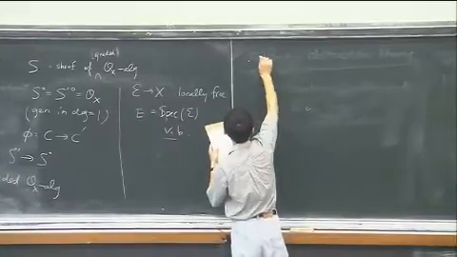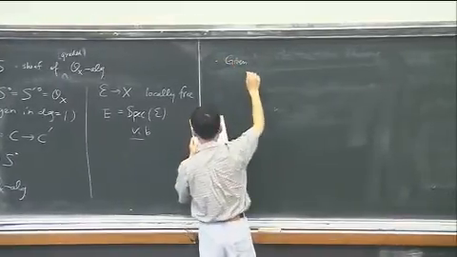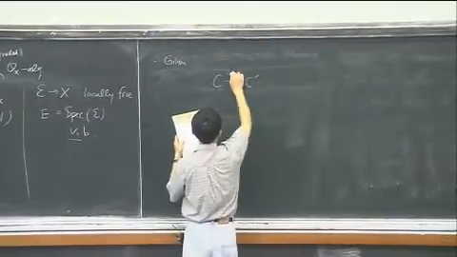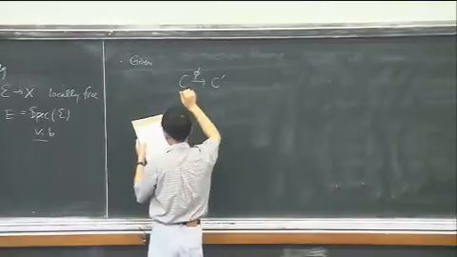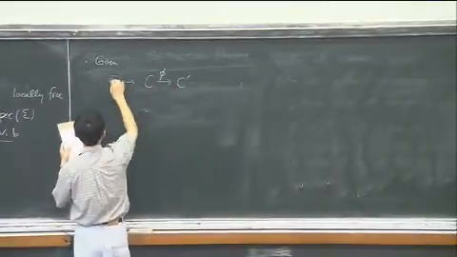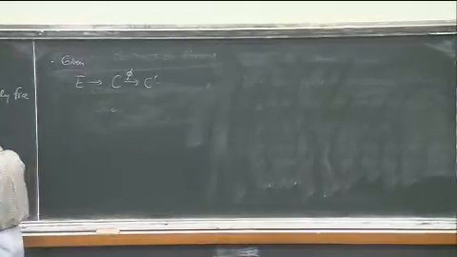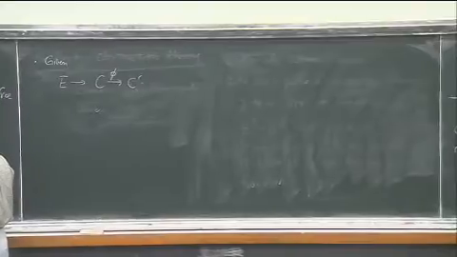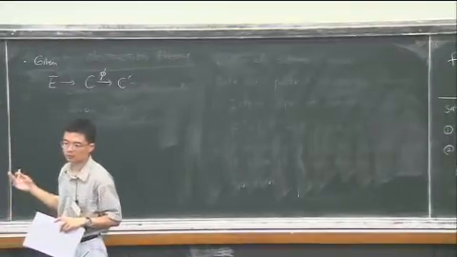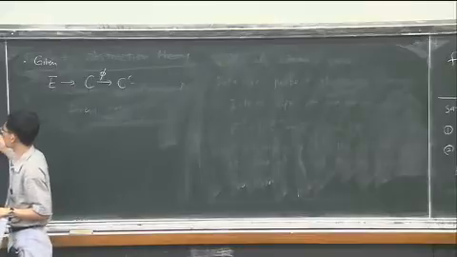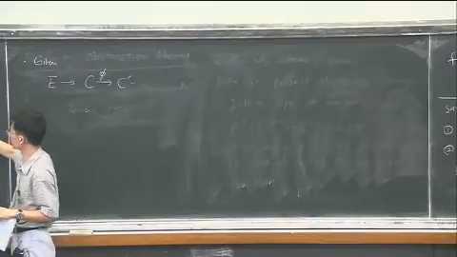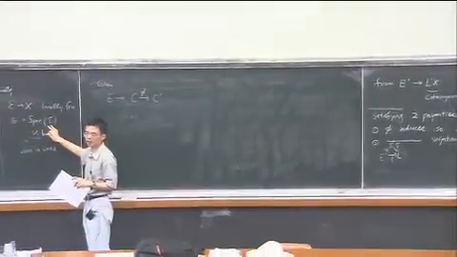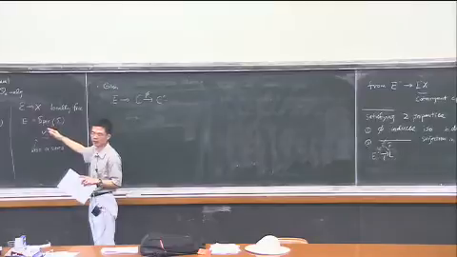So given C to C prime, you have phi, and then certainly this is also a cone, but just a better kind of cone. You take Sym of that, which becomes a graded OX algebra, and take Spec of that. That would be your E.